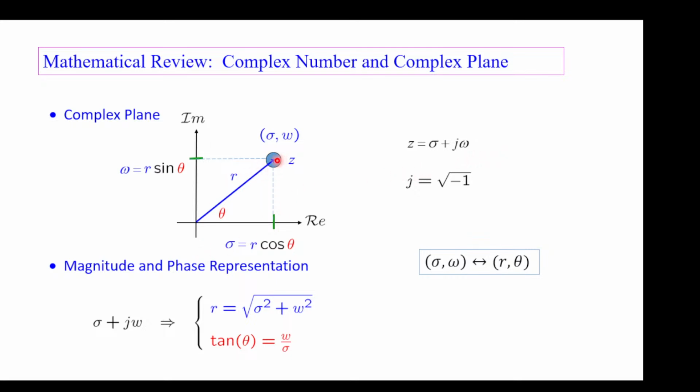But you can also express this point, this point z that represents our complex number z, as a polar coordinate, meaning that you can write the distance of it to the origin, so this r, and this theta to the x-axis. Okay, so you can change back and forth between sigma, omega and r, theta.